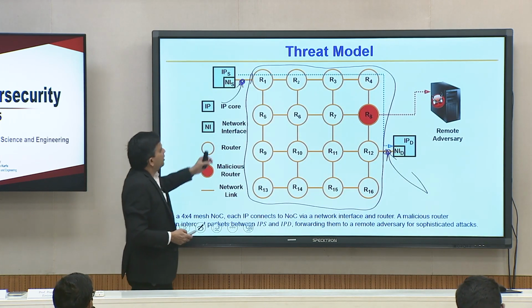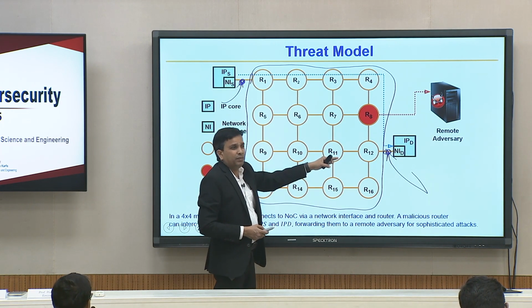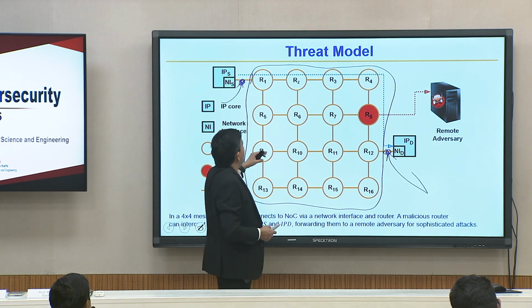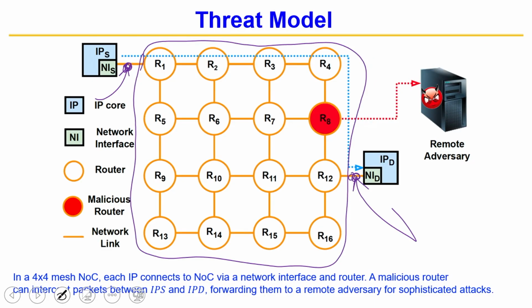It figured out if R1 is talking to R11, how the pattern would be, if R1 is talking to R9, how the pattern would be, if R5 is talking to R15, what the pattern would be.